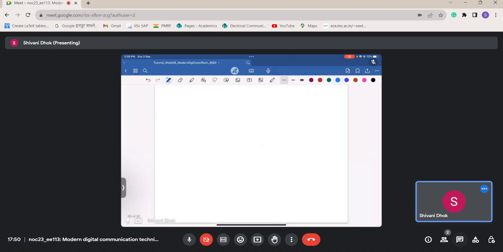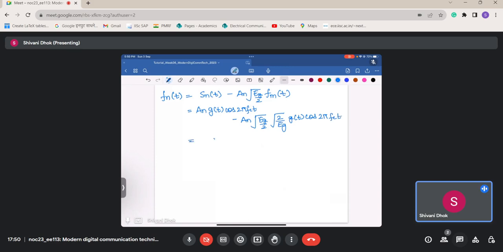Yeah. So what we have here is f_n(t) equal to s_n(t) minus sqrt(E_g/2) times f_m(t), and this comes out to be s_n(t) is sqrt(E_g) g(t) cos 2πf_ct minus sqrt(E_g/2) multiplied by sqrt(2/E_g) g(t) cos of 2πf_ct, and this comes out to be 0.